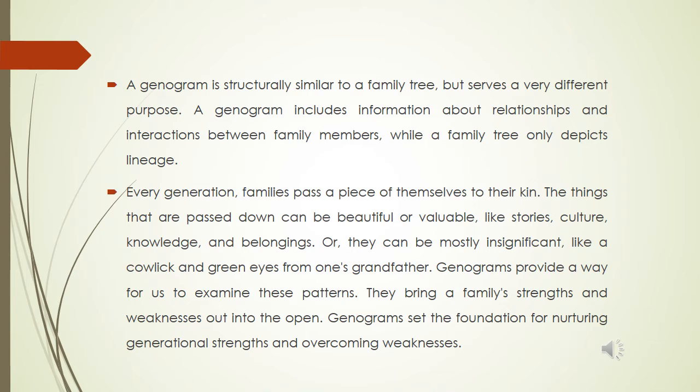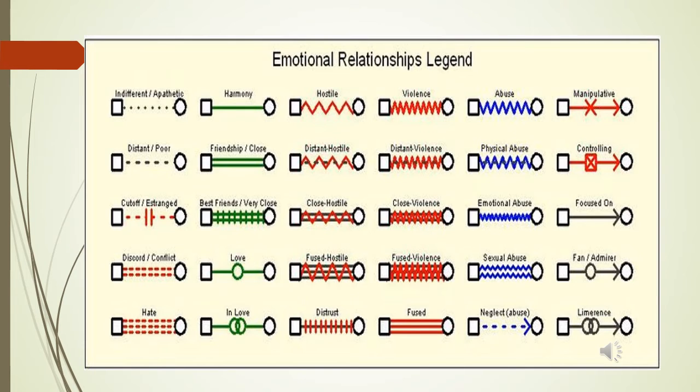Genograms provide a way for us to examine these patterns. They bring a family's strengths and weaknesses out into the open. They set the foundation for nurturing generational strengths and overcoming weaknesses. This is just for you to understand. Emotional relationships, legends. So these are the symbols which we can use in a genogram.